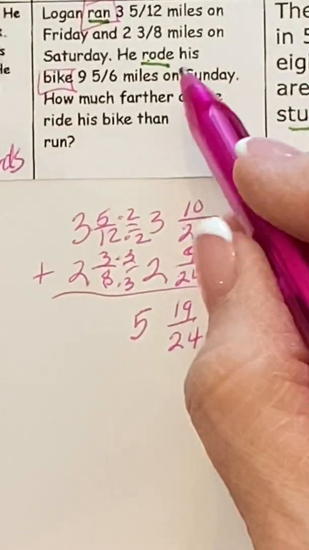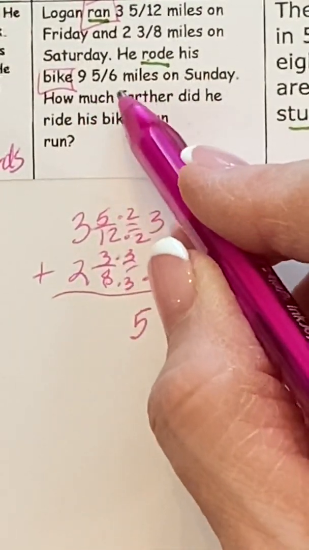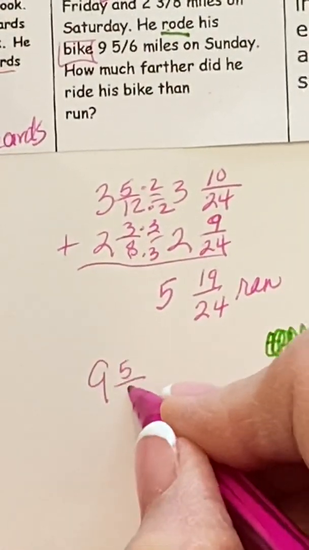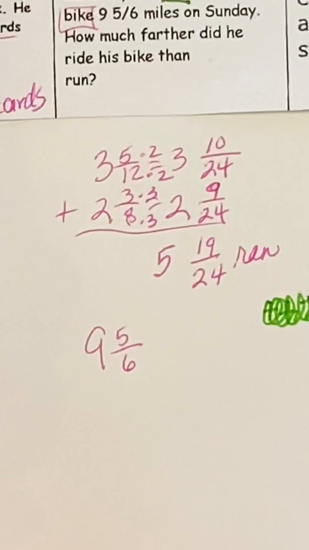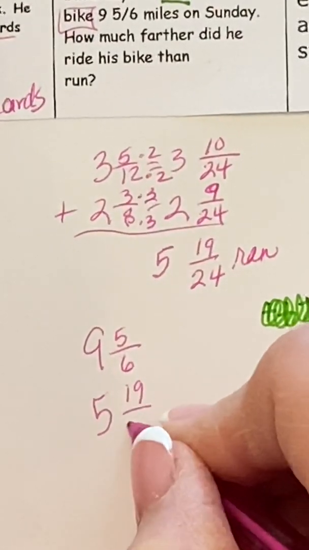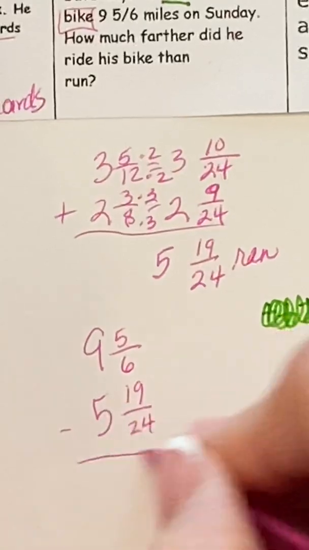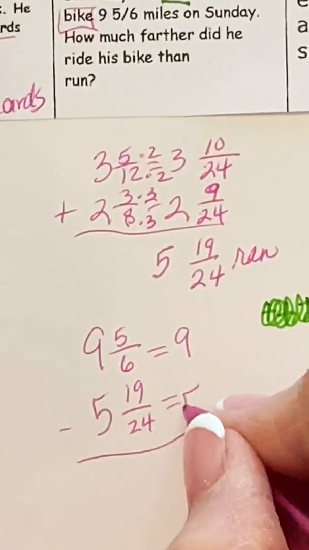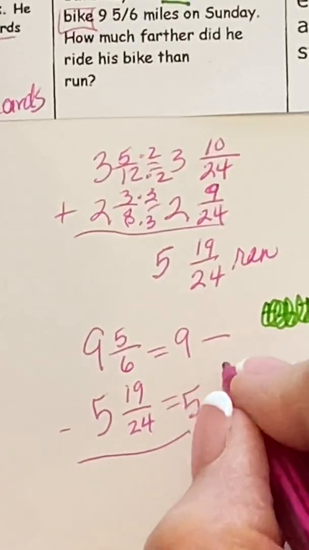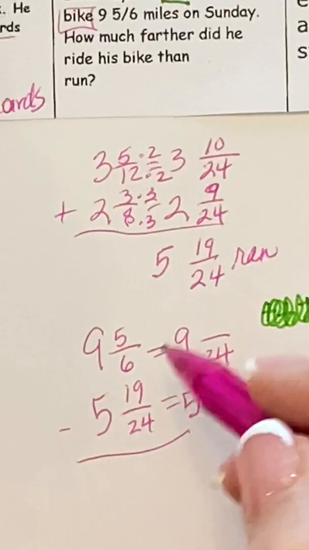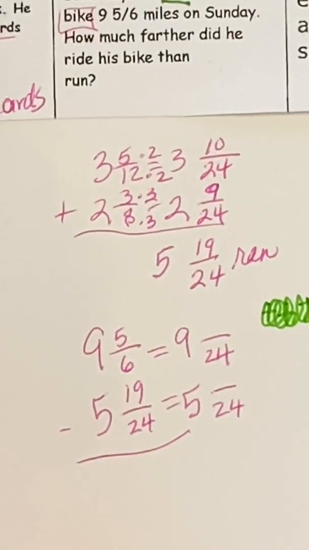And we have to find the difference between what he biked. So he biked much farther. So that's 9 and 5/6. We're going to put that one on the top. And we're going to subtract the 5 and 19/24ths. So I'm going to bring the 9 over and the 5 over. And I'm going to end up with a 24 here and a 24 here, because if I count by 6s, I can land on 24.